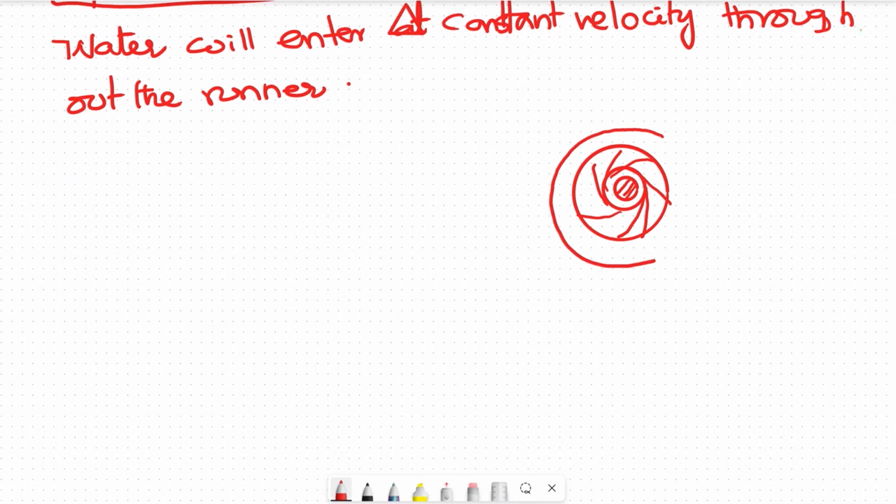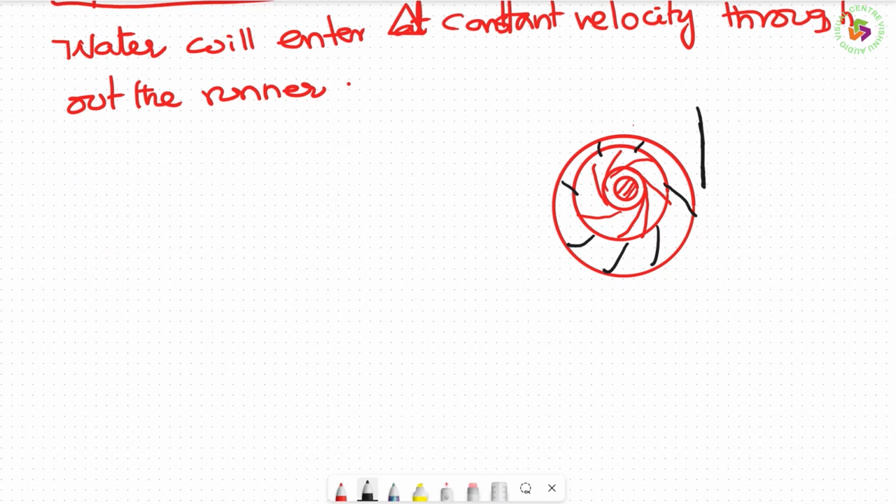This is basically surrounding the runner. This is called as guide mechanism. Understood? Over the guide mechanism, this casing will be there.